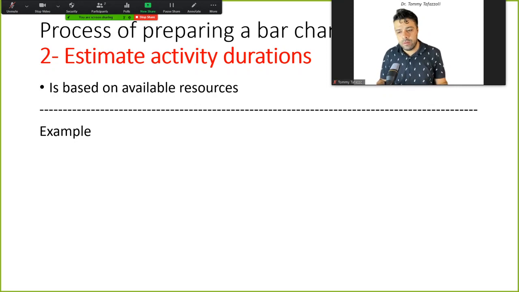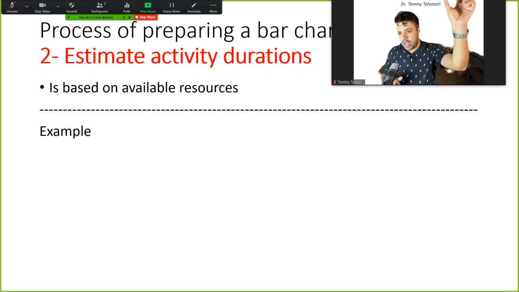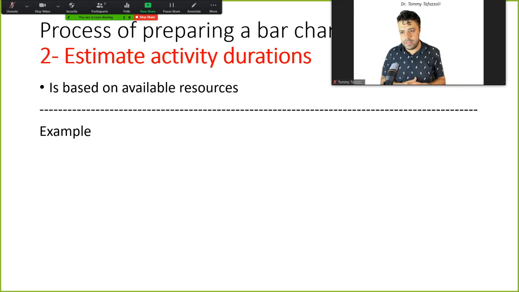For example, the RSMeans data book is one of them, where you can compare what you're doing with one of the activities identified by the RSMeans data book. You should try the one that is the most similar to what you're doing, which is not always easy because almost every job or work item is unique. But if you can find it in RSMeans data, that's great.